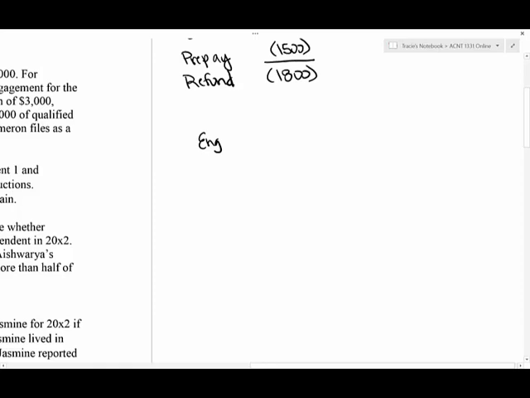Under engagement 1, the first thing we're going to start with is a gross income of $120,000. Then we're going to add in $7,000 of revenue, which has a cost of $3,000, so we're going to have a net of $4,000 there. We'll add that together to get to my AGI, which will be $124,000.